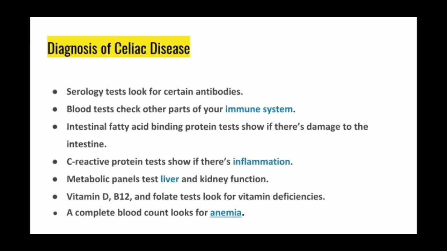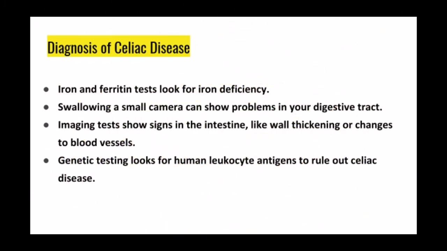Vitamin D, B12 and folate tests will help us to know if there is any kind of vitamin deficiency. A complete CBC count will help us to know if the patient is suffering from anemia or not. Iron and ferritin tests will help us to find out if there is any kind of iron deficiency.